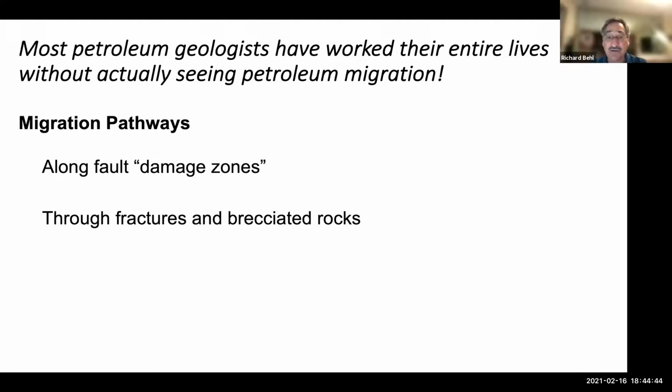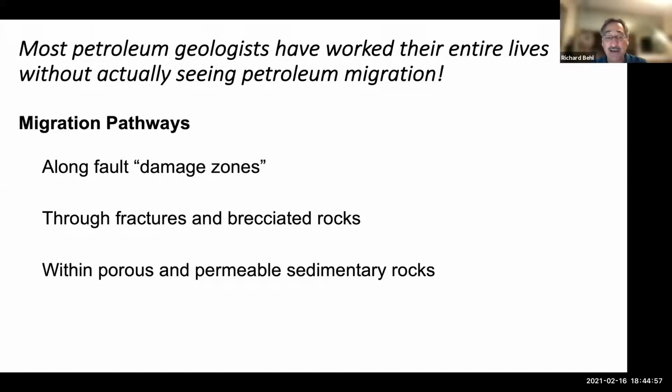Another is through fractures or brecciated rock beds, so they can go along strata or even cross strata through fractured rocks that are not associated with fault zones, but are just through deformation of brittle rocks. And then finally, the more traditional way that people think of it is within and through sedimentary rocks, sandstones, carbonates, things like that, that are porous enough and permeable enough that the hydrocarbons can move through them because of their density differences.